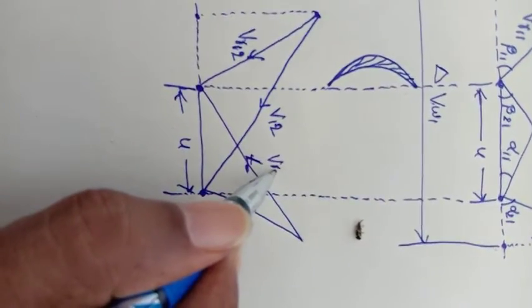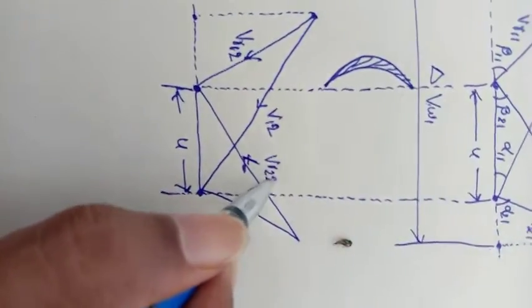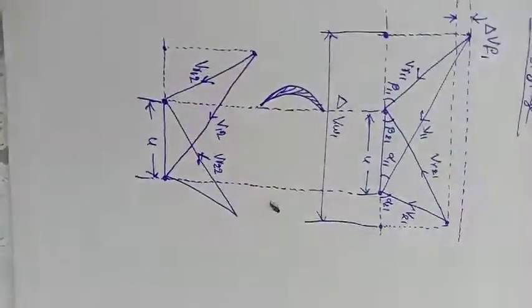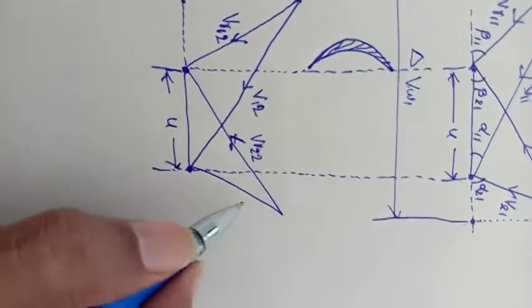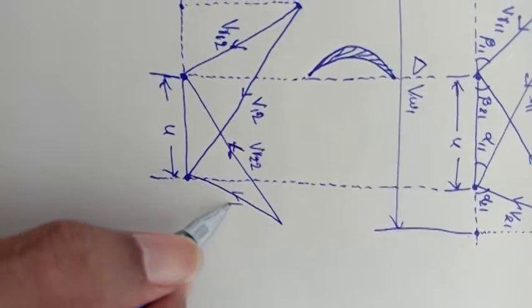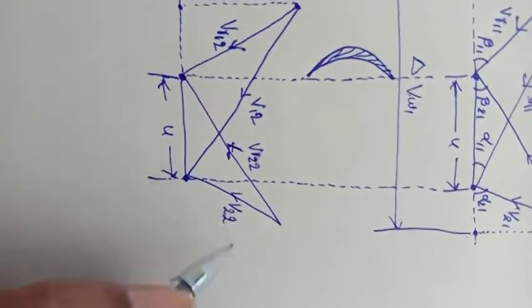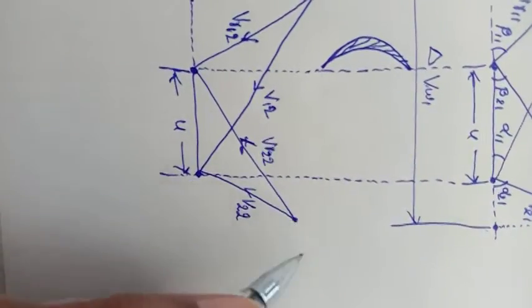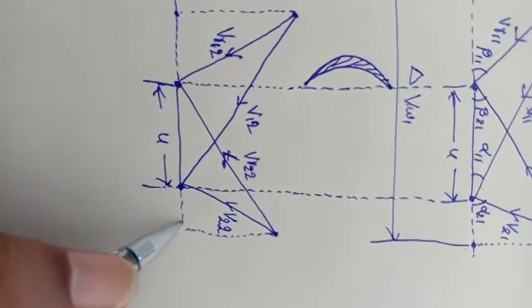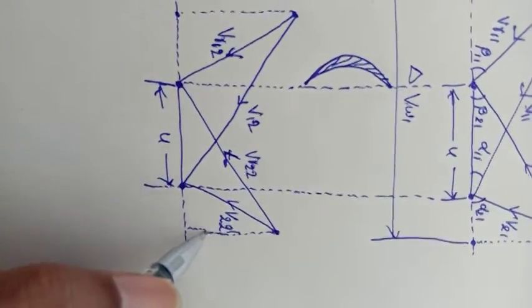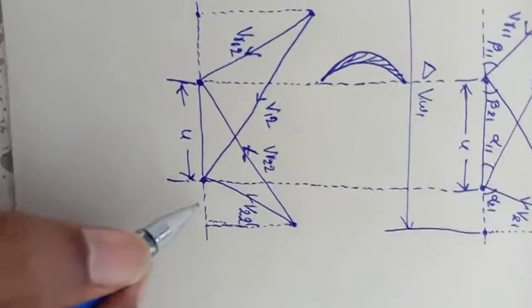So the exit part, the outlet part, will represent 2. This 2 is coming from the second stage. Exactly in here also V2, second stage. Now we are going to draw a vertical line and a horizontal line.